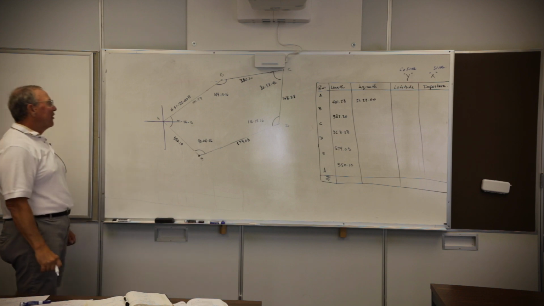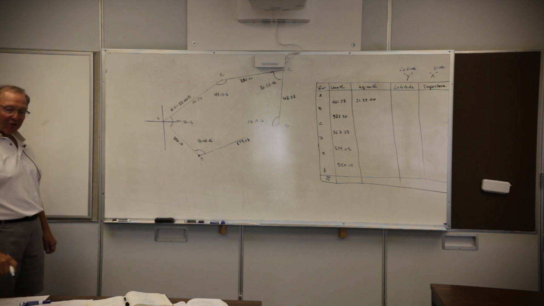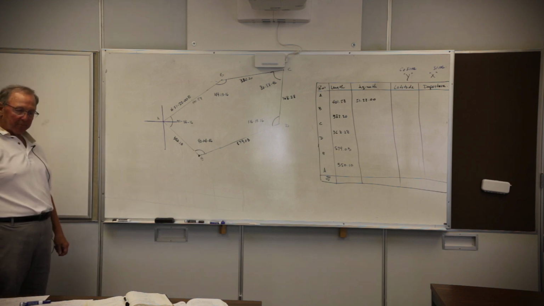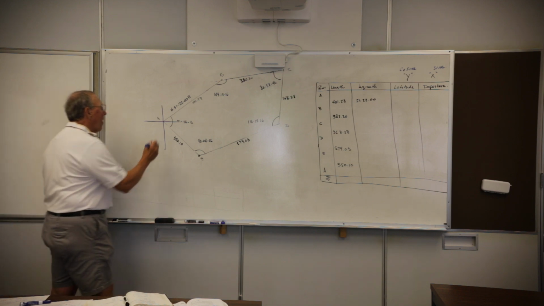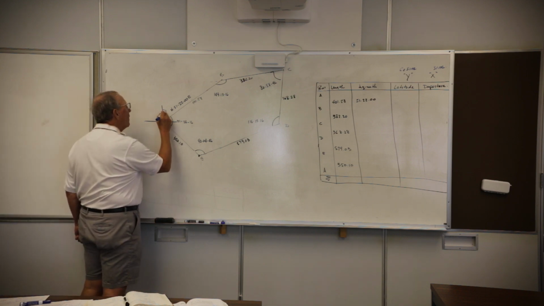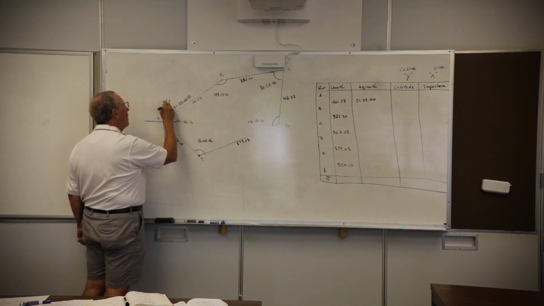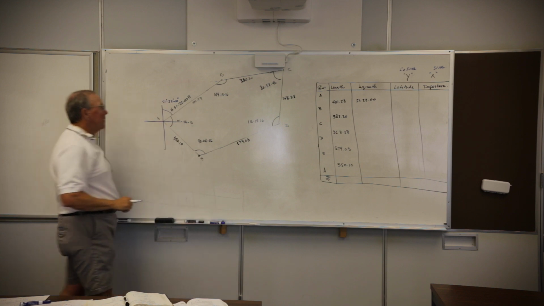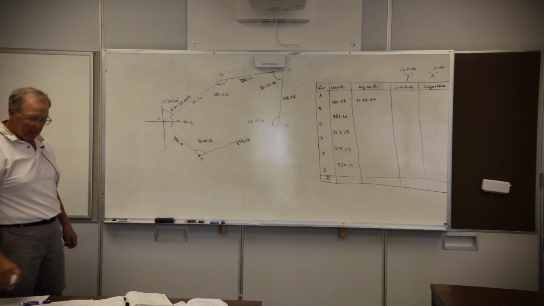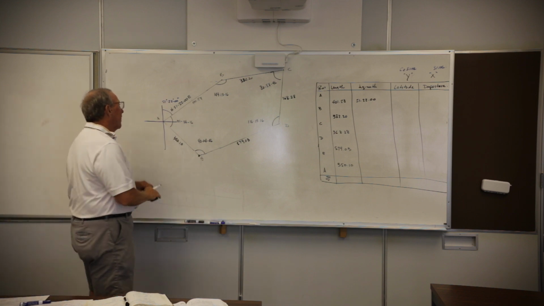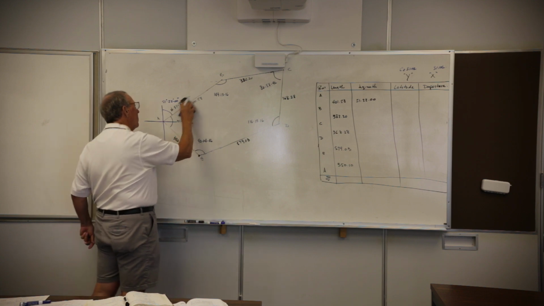That's the northerly and easterly coordinate system. Okay, I'm going to write down the data I know. That's what that angle is. And I'm going to erase this because I don't want it screwing me up.